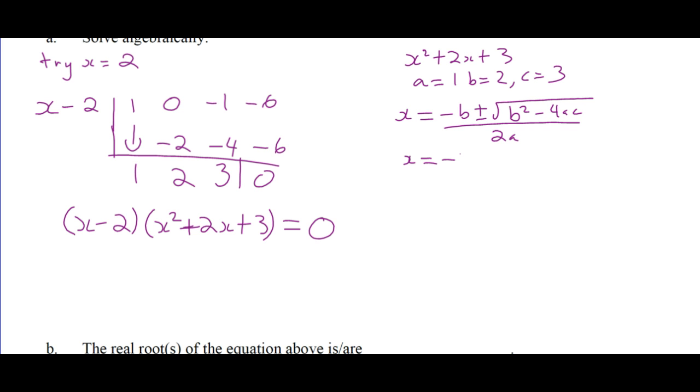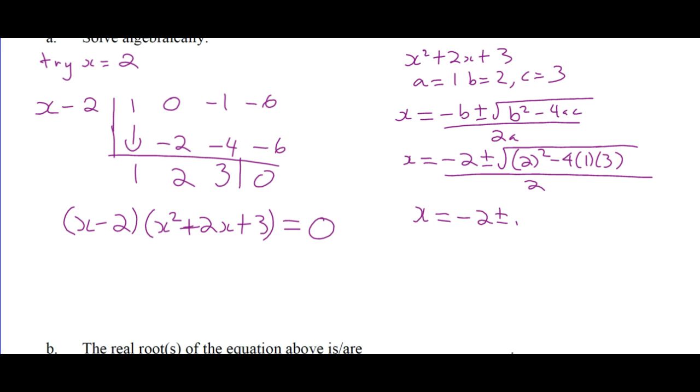So we've got negative 2, b squared, 2 squared minus 4 times 1 times 3 over 2 times 1, which is just 2. So x is equal to negative 2 plus or minus. So I've got 4 minus 12 is negative 8, which could be a problem. Right, so there are no real roots.